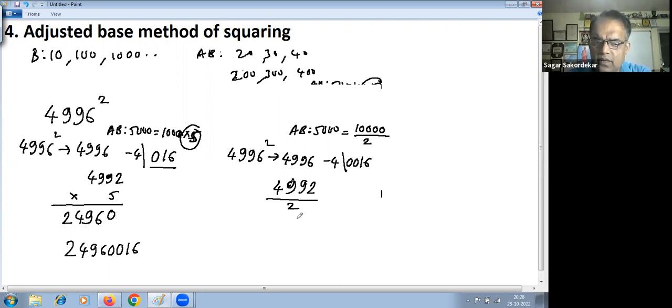So 4 divided by 2 is 2. 9 divided by 2 is 4, carry 1. So you get 19. 19 divided by 2 is 9, carry 1. So 12 divided by 2 is 6. And then join the right hand side: 24960016.